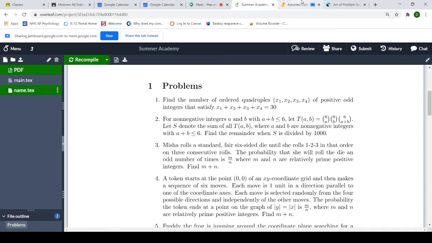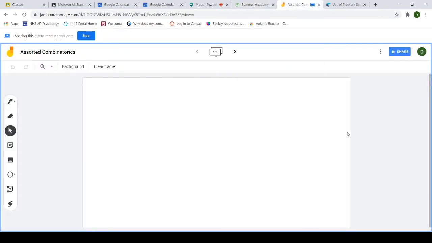So to begin, we have problem 1. Find the number of ordered quadruples x1, x2, x3, x4 of positive odd integers that satisfy x1 plus x2 plus x3 plus x4 is equal to 30.